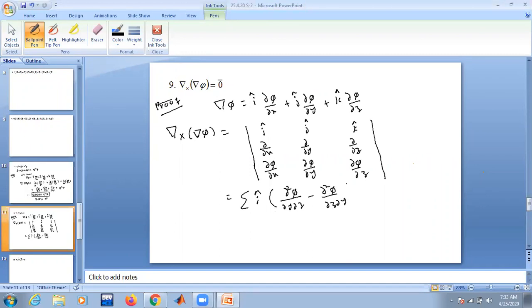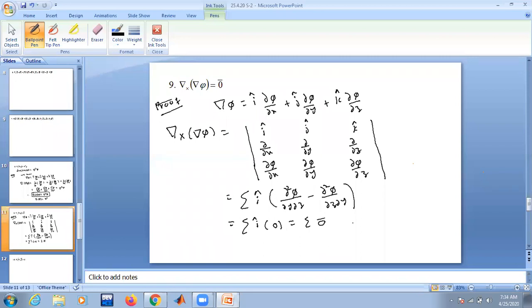Is it okay? And we know, if phi has first order continuous partial derivatives, then the mixed partial derivatives are going to be the same. That means dou square phi by dou y dou z is equal to dou square phi by dou z dou y. So in that case, these two get cancelled. You will get 0. What is sigma i into 0? i into 0 is 0 bar.